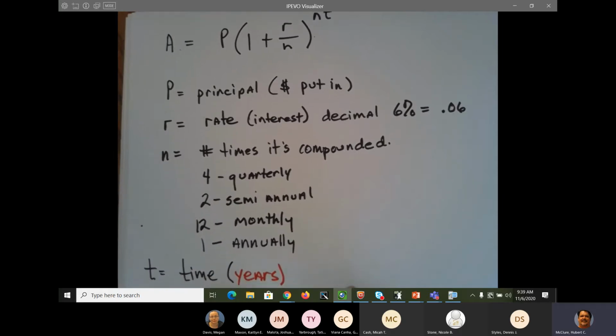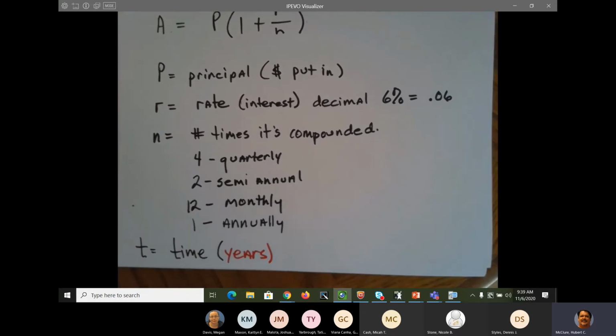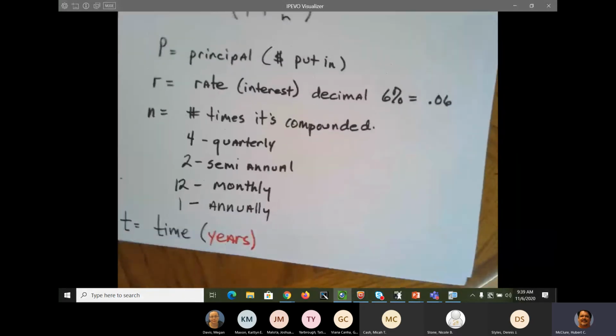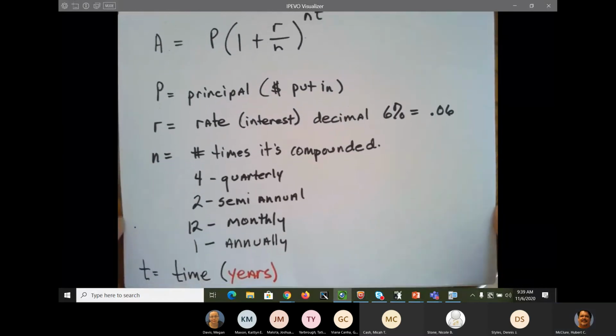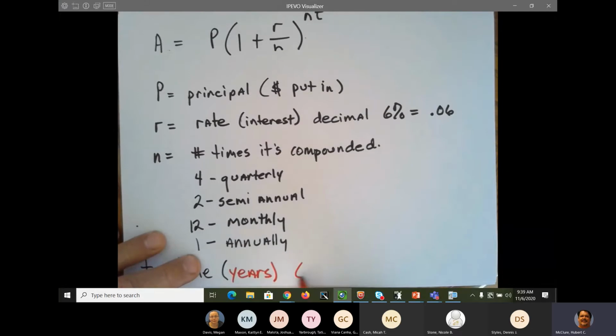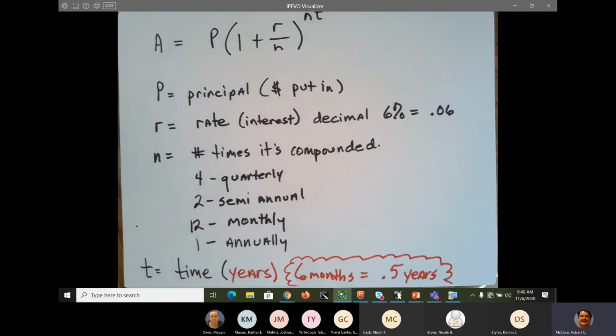So if I say to you 6 months, 6 months is equal to 0.5 years. Okay, so you need to remember that. T is always in years. So if I say 3 months, well, that's 0.25. T is equal to 0.25.